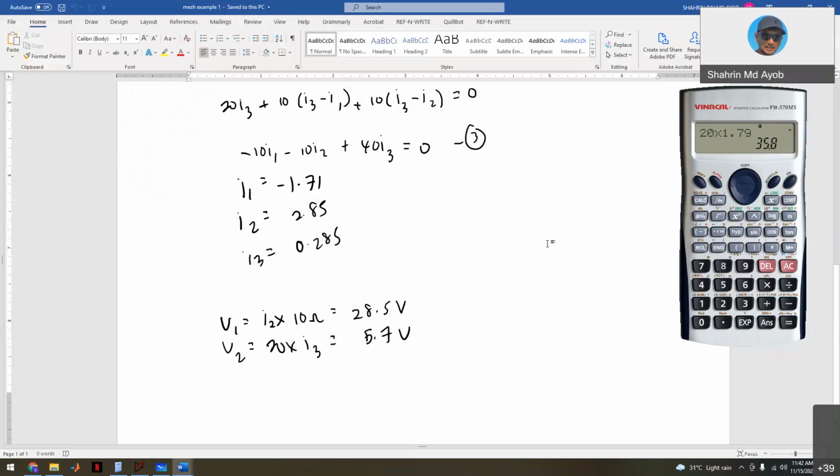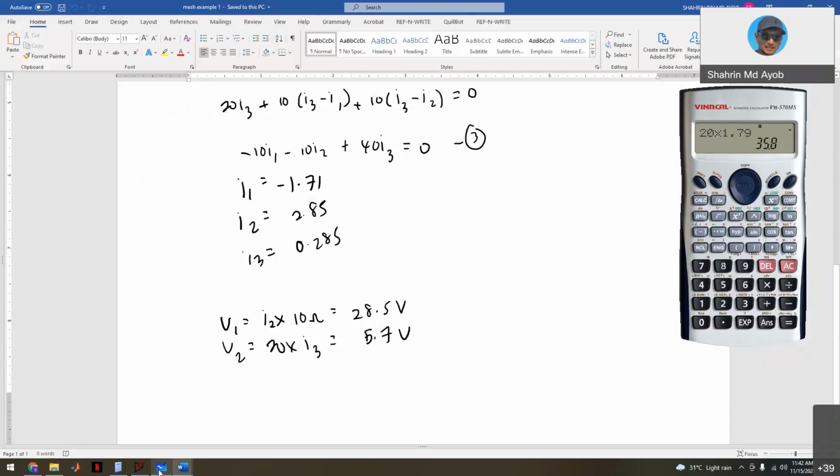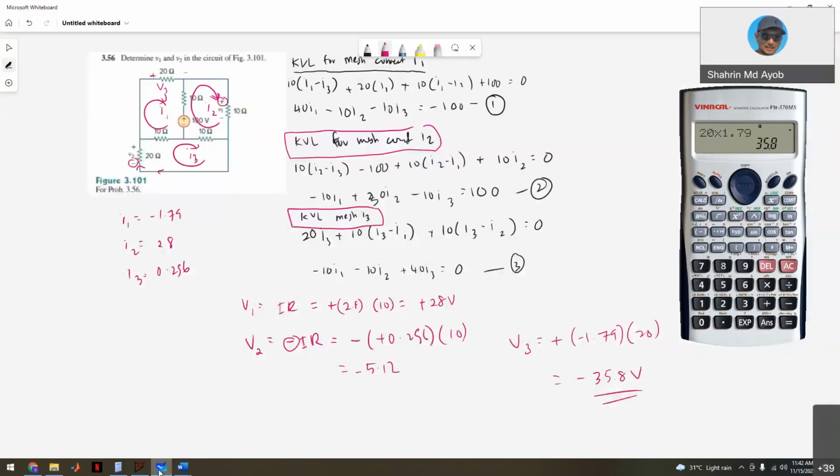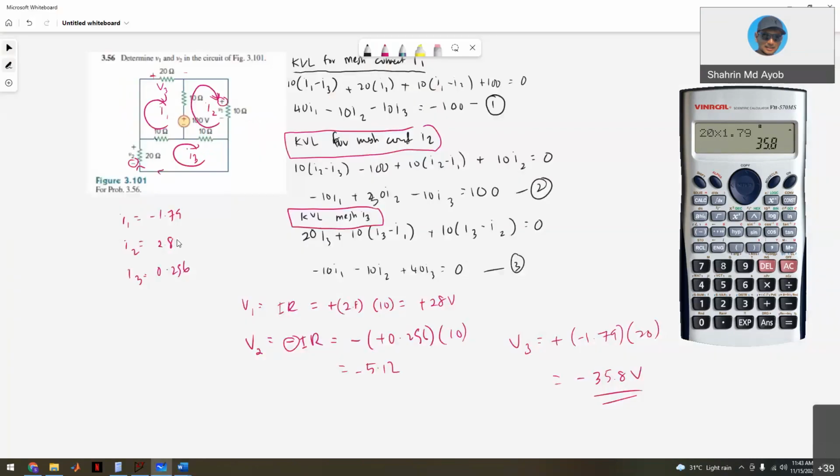So I need to double check this one, because the answer is slightly different, 25.8 and 5.7. This one is 5.12. So the mesh current is different. Mesh current I1 is negative 1.79, 2.85. Because I ignored the second value here, 2.85, I just took 2.8 only.